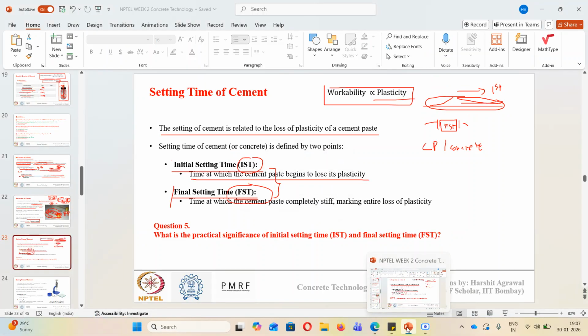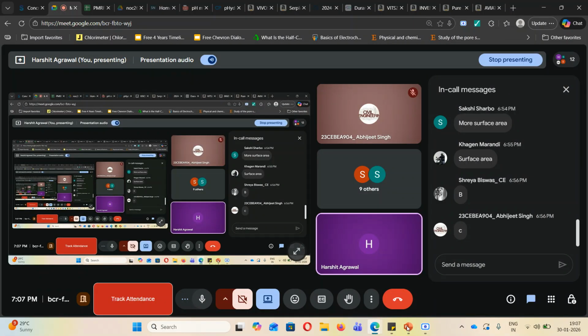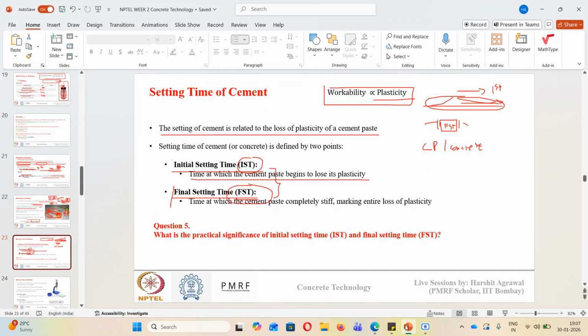Any guesses? Think about what is the practical need from concrete just after mixing.